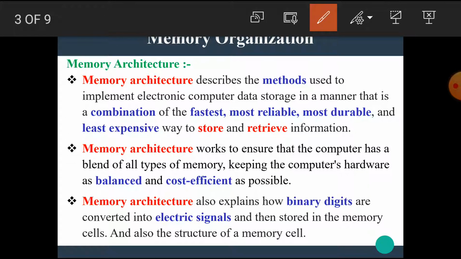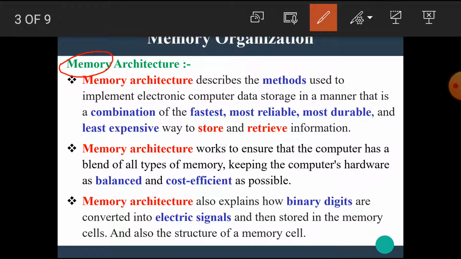The memory architecture describes the methods used to implement electronic computer data storage in a manner that is a combination of fastest, most reliable, most durable, and least expensive way to store and retrieve information. We know that memories are the storage devices used in a computer system, and there are different types of memories.